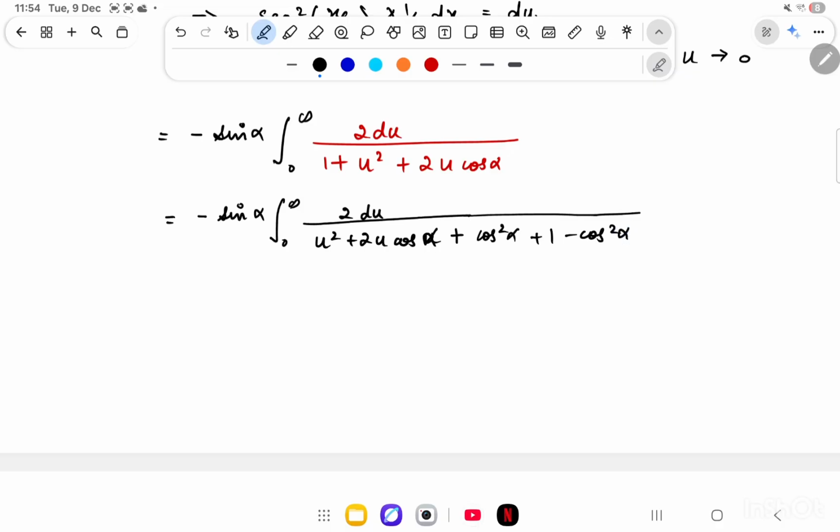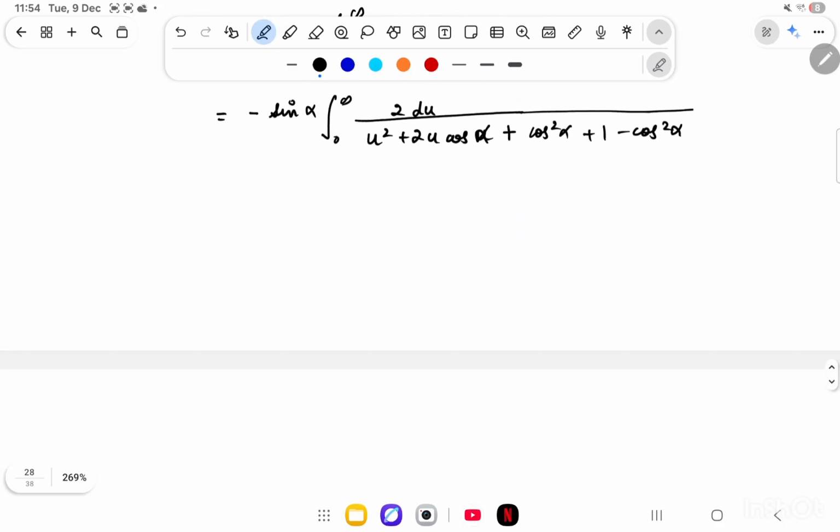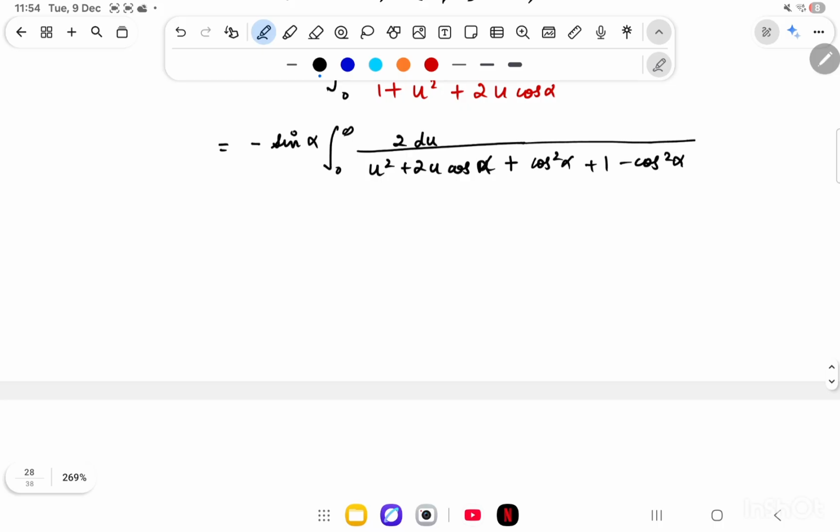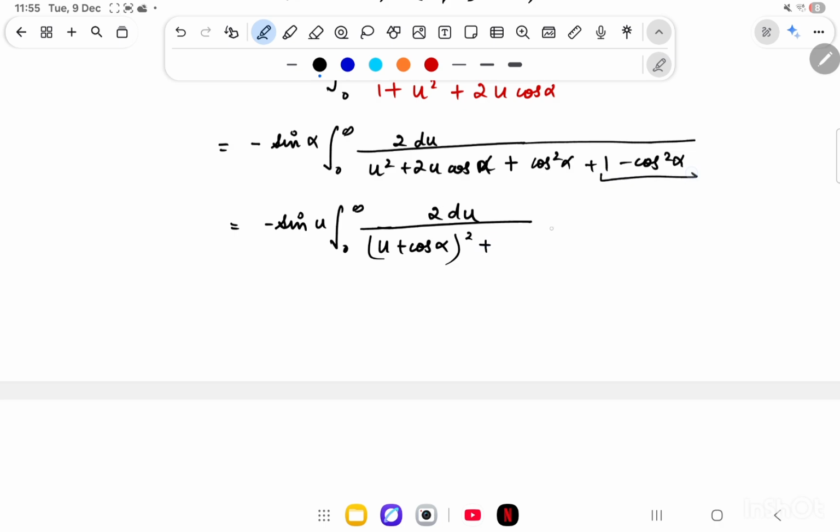So what I did is I just added and subtracted cos square alpha in the denominator in order to form a complete square, so it will be equal to minus sin alpha, integral from 0 to infinity, 2 times du divided by (u plus cos alpha) whole square plus 1 minus cos square alpha, which is equal to sin square alpha.